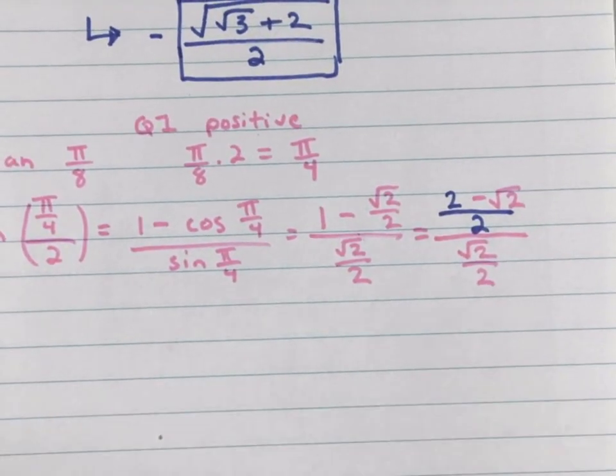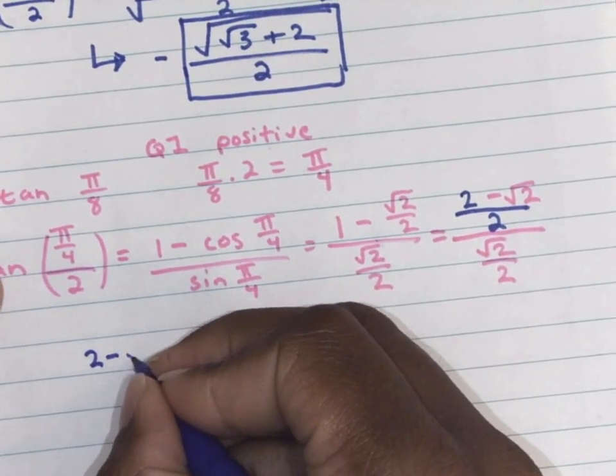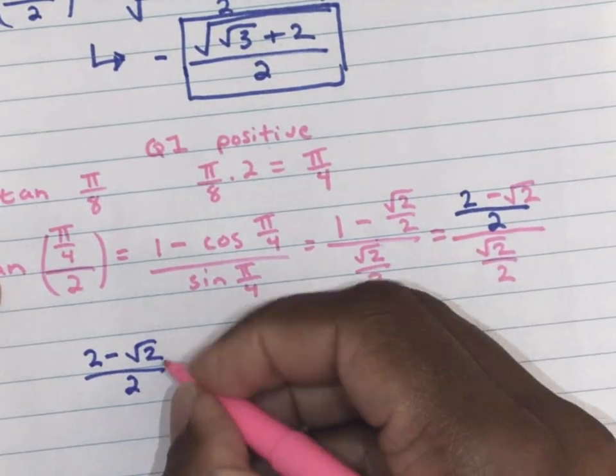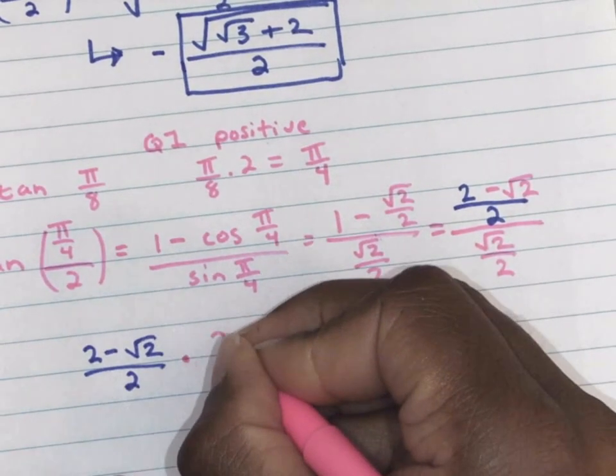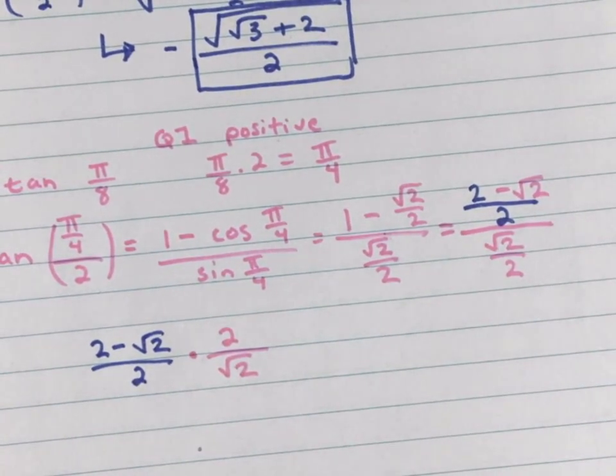This time I need to do some keep, change, flipping. So I keep the top. I'll change the division to multiplication and I'll flip the bottom. The 2's cancel.